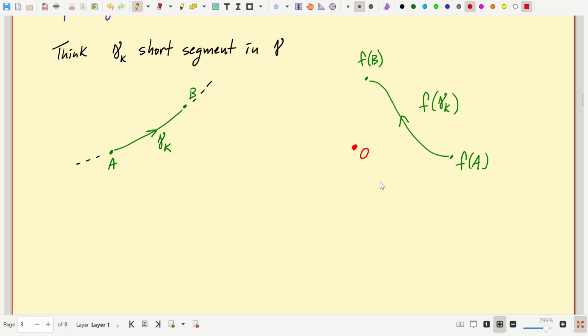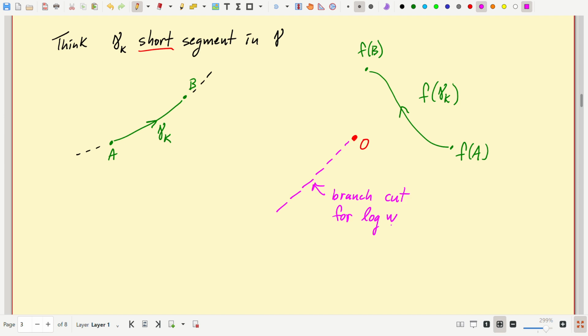Since it's a short segment, there's going to be a direction. It's going to look basically like this, and I can pick a direction. This direction here maybe is a branch cut for the log function. Log of w, where I'm thinking w equals f of z.